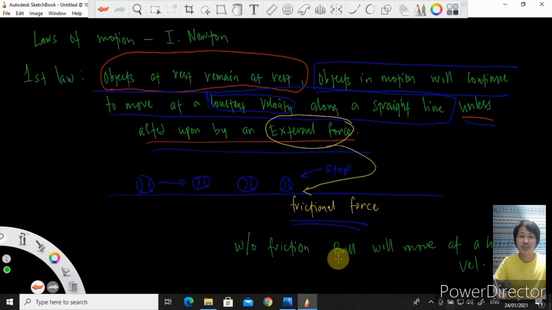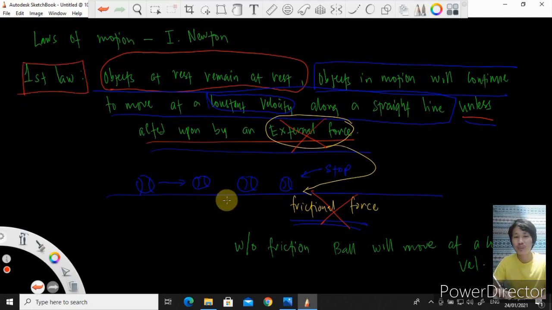Kung wala itong friction na to, the object will move at a constant velocity along a straight line. So, ibig sabihin, as long as walang external forces, walang frictional forces, then this first law will hold. Okay, provided that there are no external forces, provided that there's no friction, then the first law will of course hold. Okay?